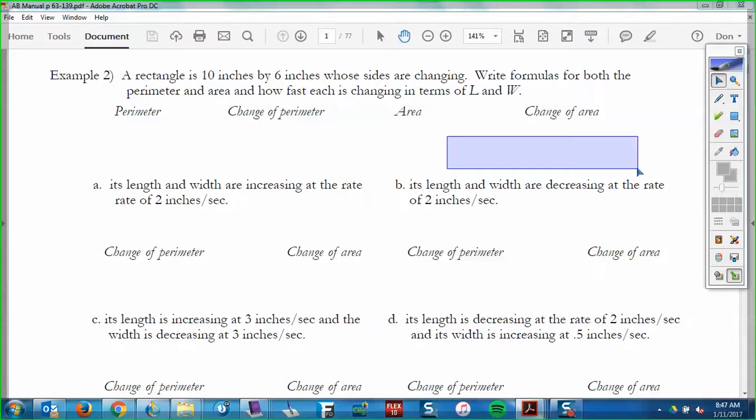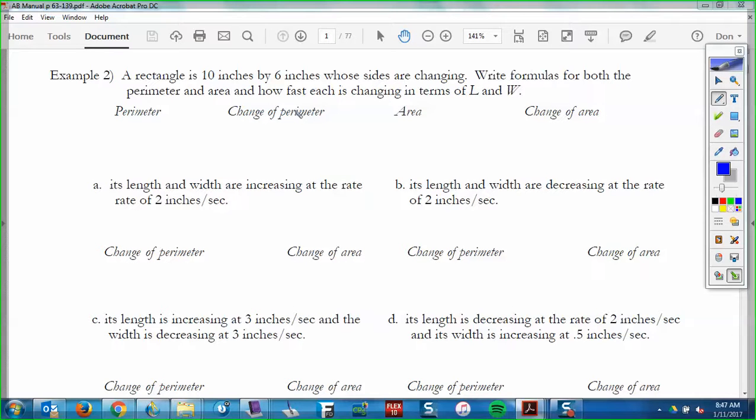What's happening there? Width is decreasing, but the length is increasing, right? So the question is, what's the area doing? Is the area increasing or decreasing? I don't know. Maybe it's increasing, maybe it's decreasing, right? So forth. So that's what we're talking about.